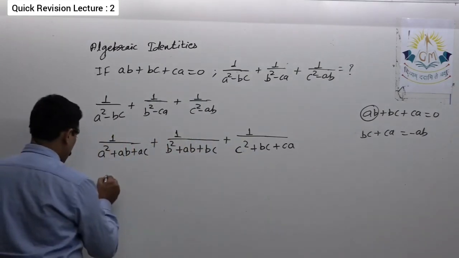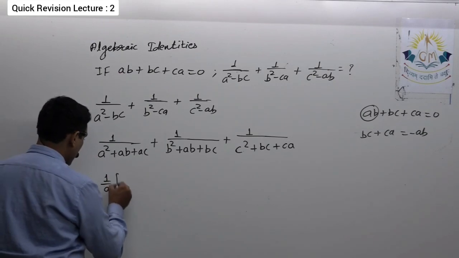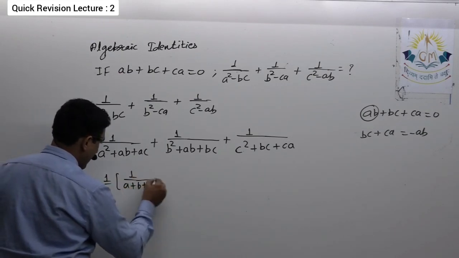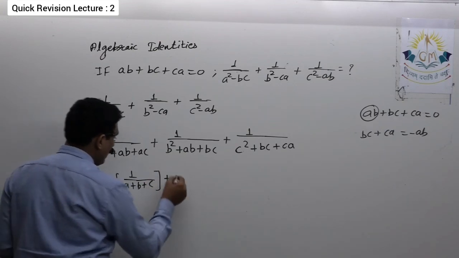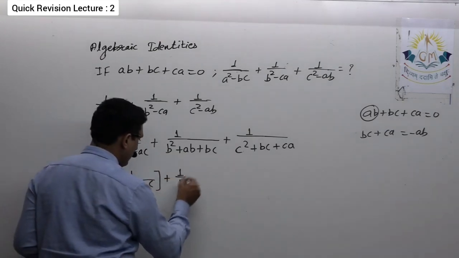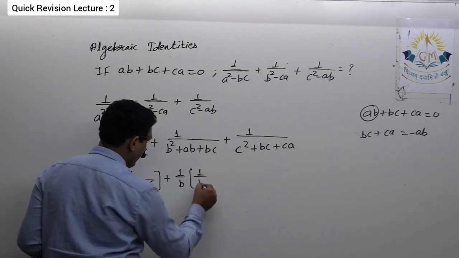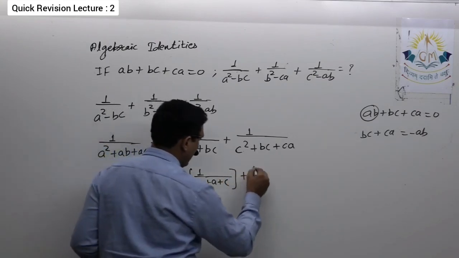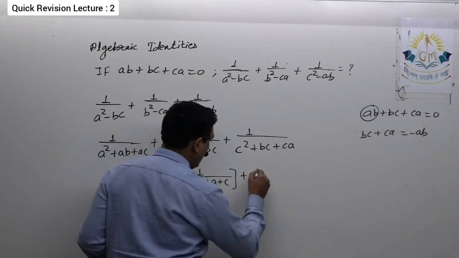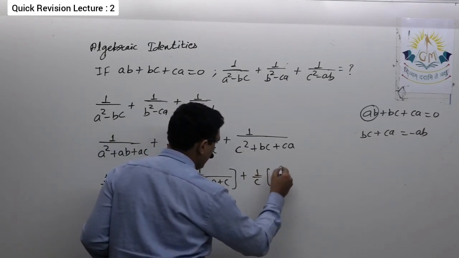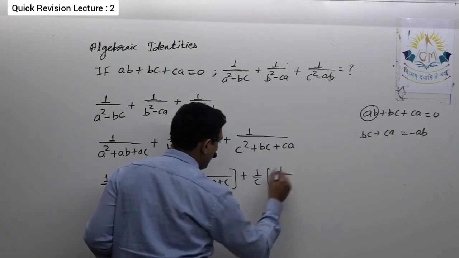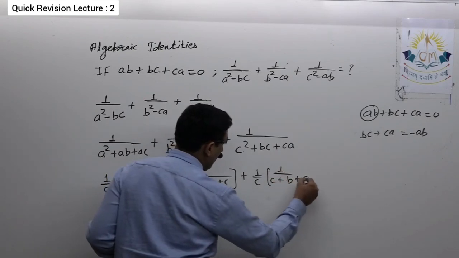Taking A common, I get 1 upon A times A plus B plus C. From the second, taking B common, I get 1 upon B times B plus A plus C. And from the third, taking C common, I get 1 upon C times C plus B plus A.